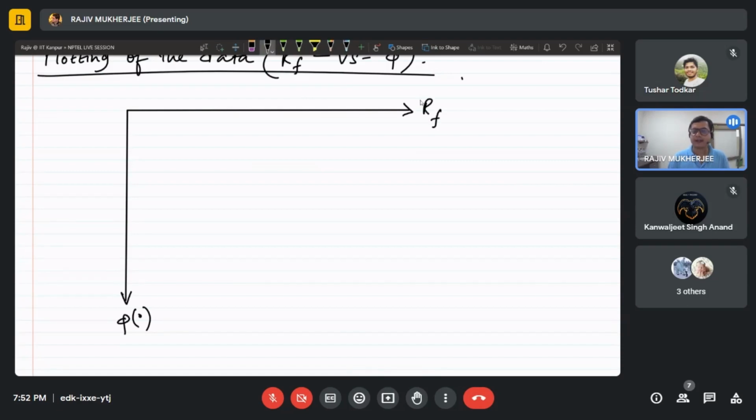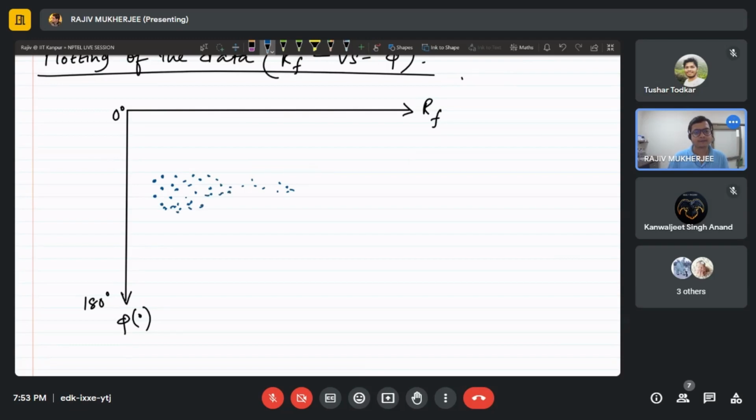Now once you plot the data, you would see that the data points are clustering in a particular range, depending on how many points you have. So the plot would generally look like this.